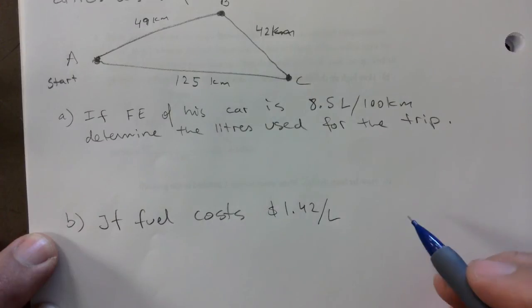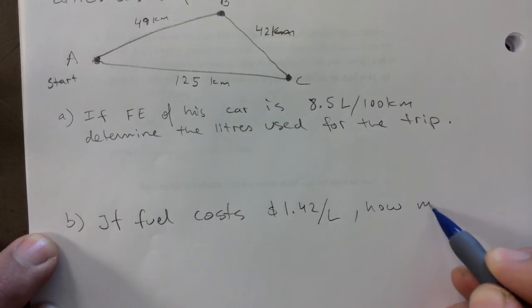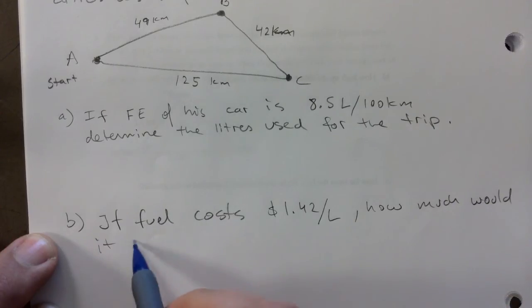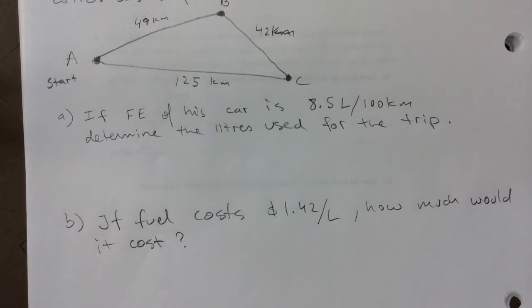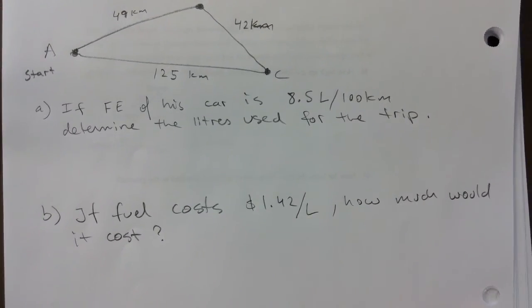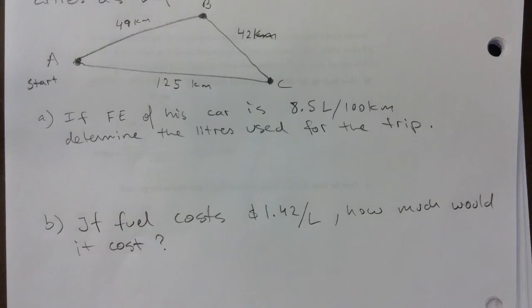If fuel costs 142 per liter, how much would it cost to make that trip, obviously? I'll give you a little bit of time to figure that out before I go over it. You should be able to.